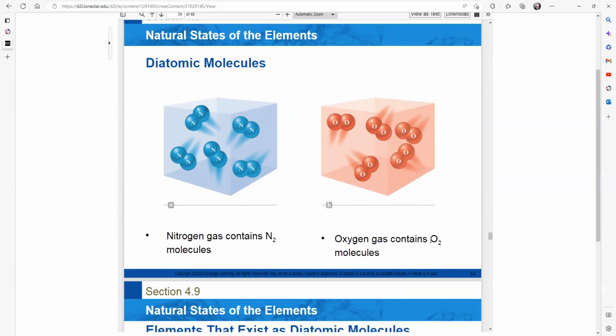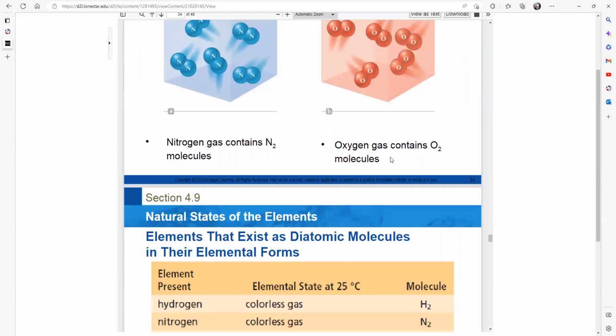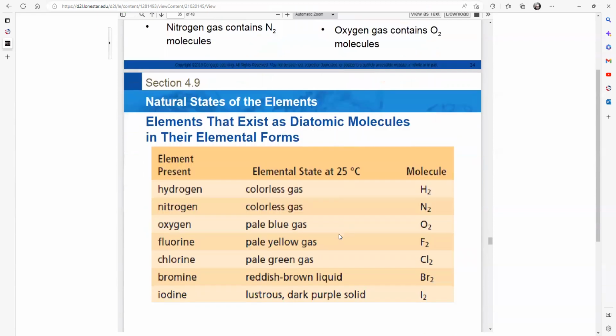They contain 2 atoms of oxygen and 2 atoms of nitrogen. They almost never are in the atomic form because they are very reactive. Then in order to get stability, they combine and make diatomic molecules.